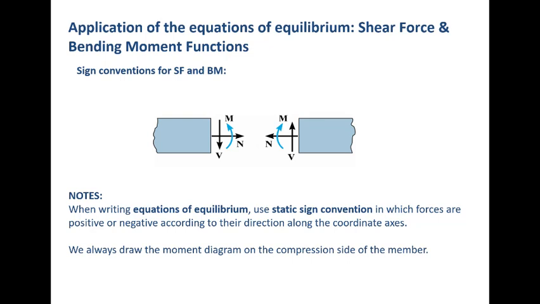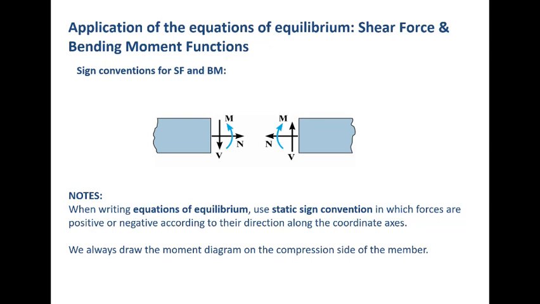Because we do not see them, this is how we visualize them. We imagine that if we cut a beam, what do we need inside that material so that the beam still is in equilibrium? So once we do some examples, you will remember what I'm talking about. But this is a sign convention.